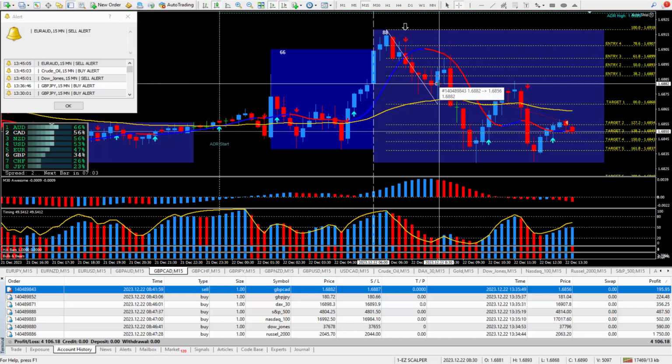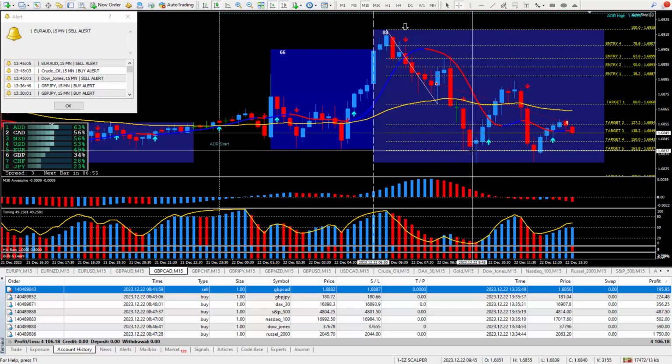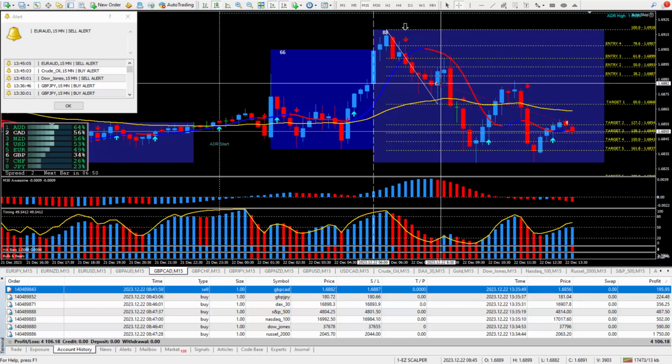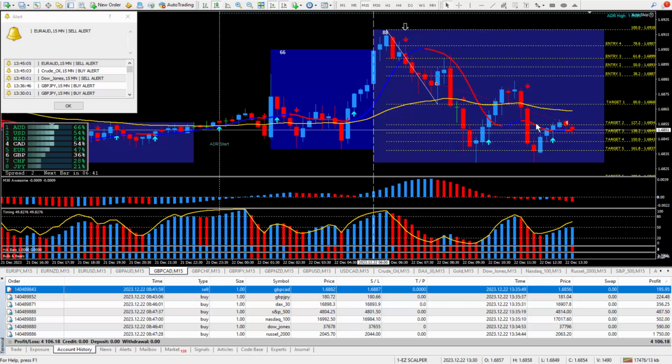I actually had some distractions today, and it was very late at closing out my trades. Could have closed it out anywhere down here, but finally when I decided to manage my trades, this is where I closed out, locking in 25 pips, and those pips paid out $195.